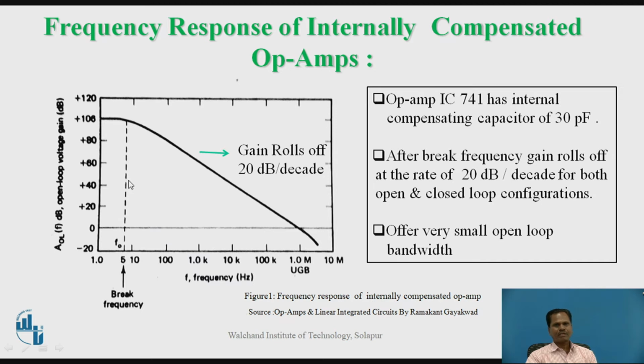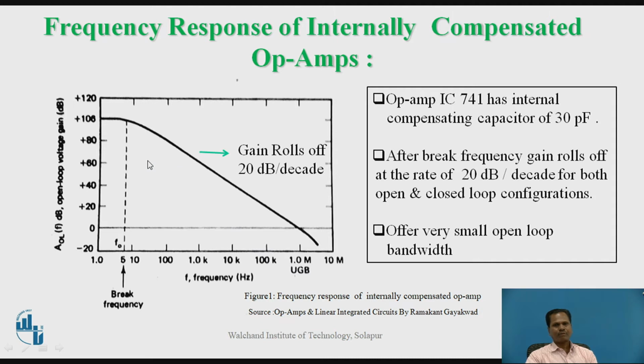The internal compensating capacitor of 30 picofarad controls the rate of change of gain and allows the operational amplifier gain to roll off at a constant rate of 20 dB per decade. So after a break frequency, the gain decreases as input signal frequency increases at a constant rate of 20 dB per decade. Per decade in the sense, for 10 times increase in input signal frequency, the voltage gain decreases by 20 dB.